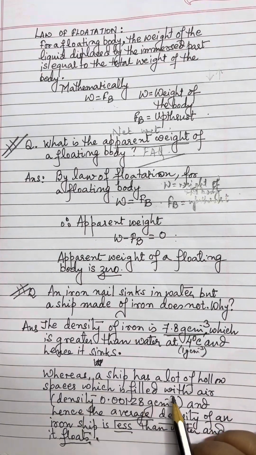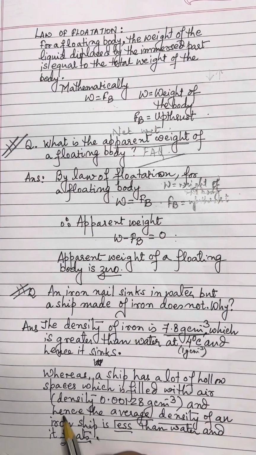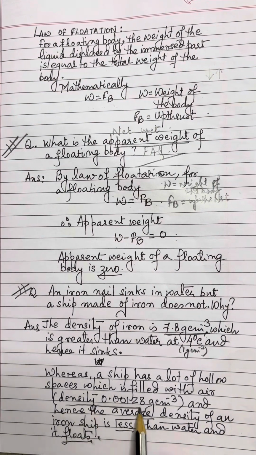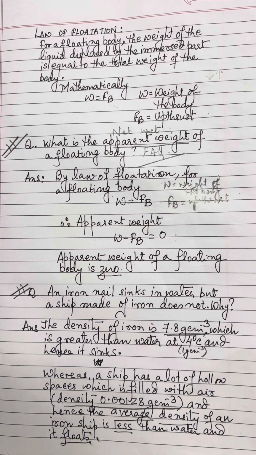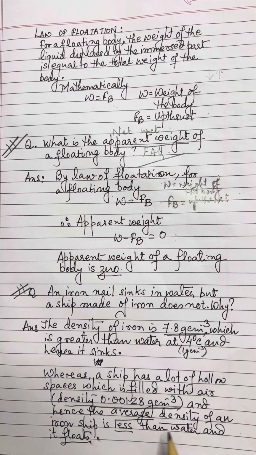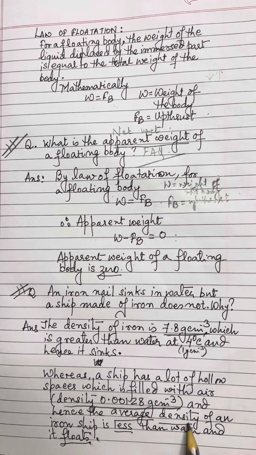Whereas a ship has a lot of hollow spaces which is filled with air. Now the density of air I have mentioned over here. If you do not remember it, you can simply write down, which is much lesser than the density of water at 4 degrees Celsius, and hence the average density. Here the concept of average density comes in, because the iron is there and inside there is a lot of hollow space.